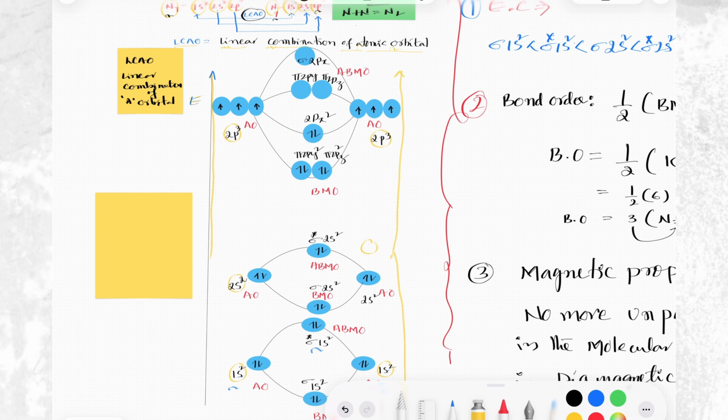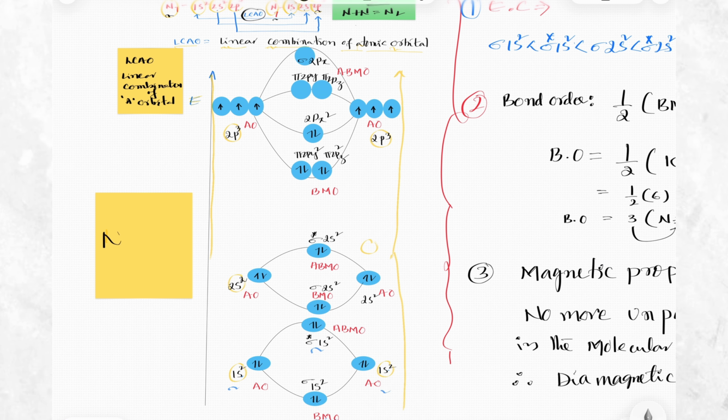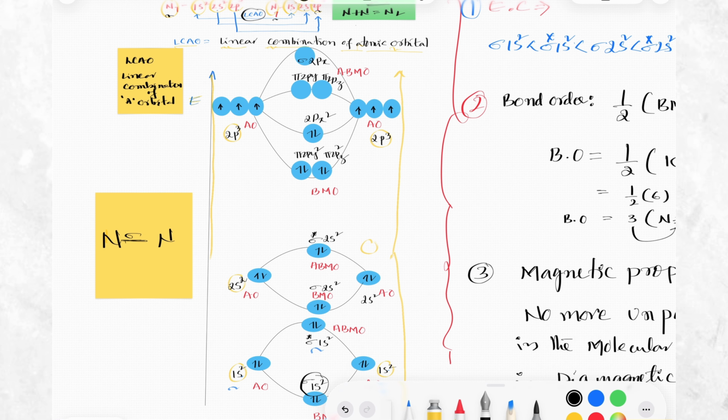Which molecule are we discussing? Nitrogen. Between the nitrogen and nitrogen atoms, one sigma bond is formed, so we say sigma 1s2. Clear? Sigma 1s2.